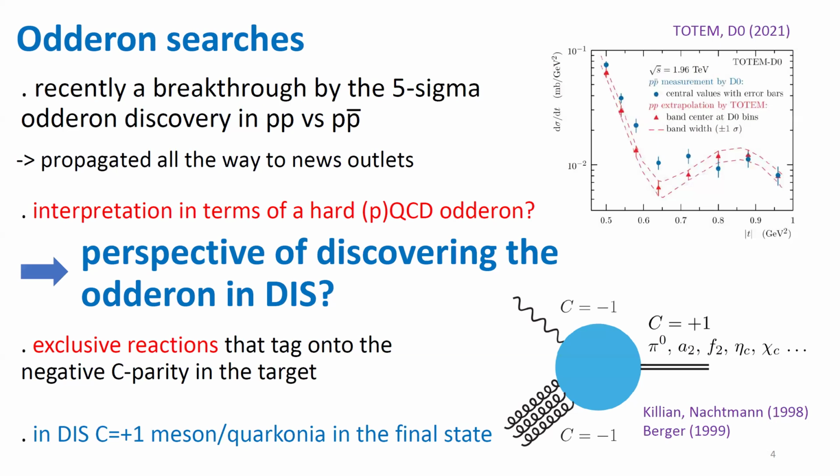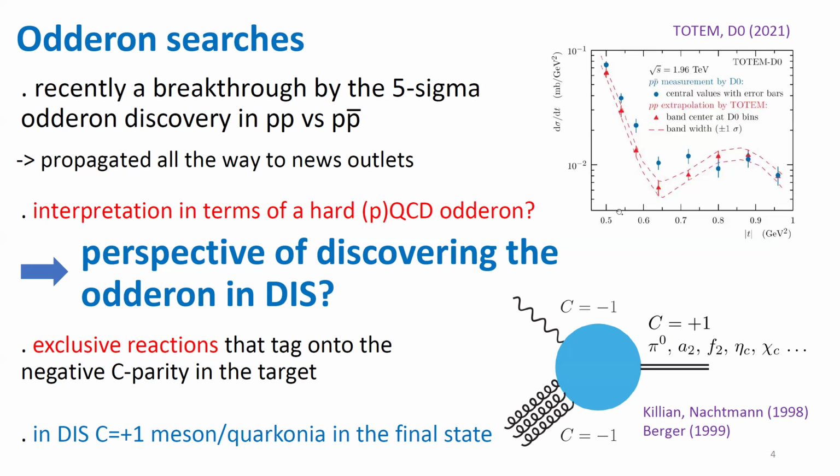First of all, recently there's been a big breakthrough precisely by looking at the pp and p-pbar cross sections. This is coming from the result of the TOTEM and D0 collaborations, which looked at this difference, and their conclusion is that the Odderon has been discovered, in the sense that the effect that they see is more than 5 sigma.